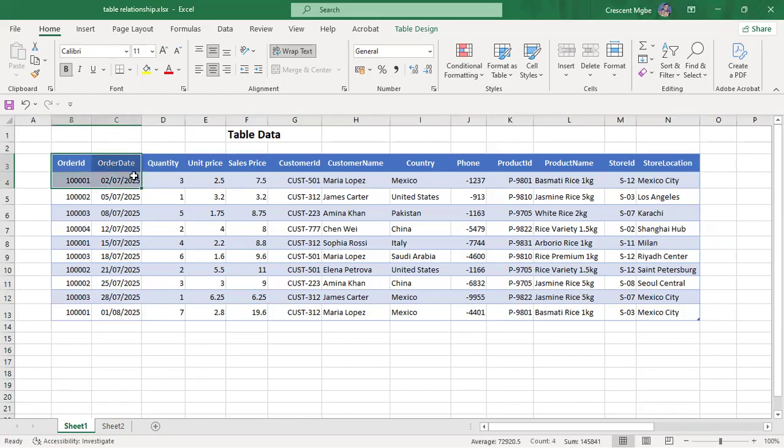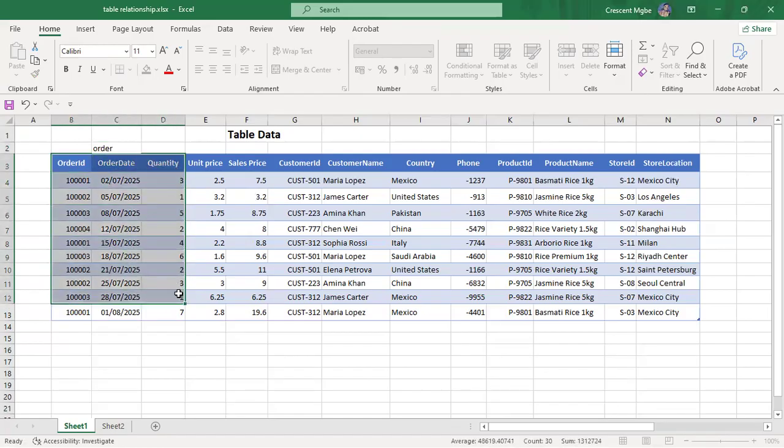These three columns refer to the order. From here to here is talking about the order. So we can as well call it the order table, here to here.